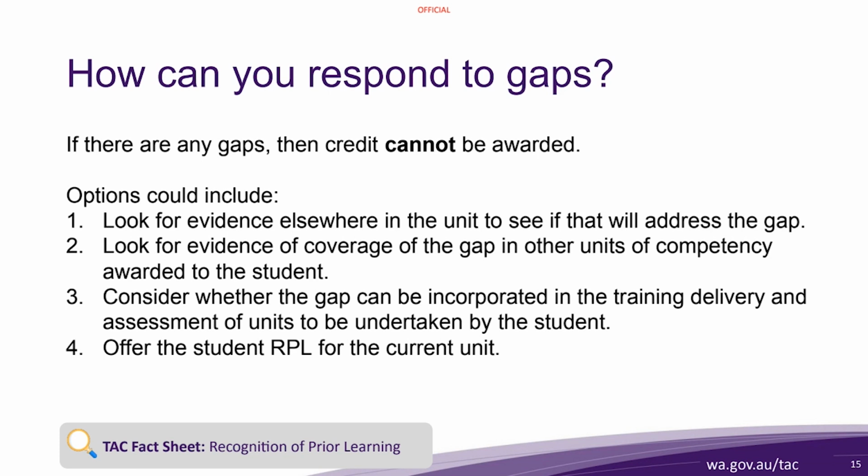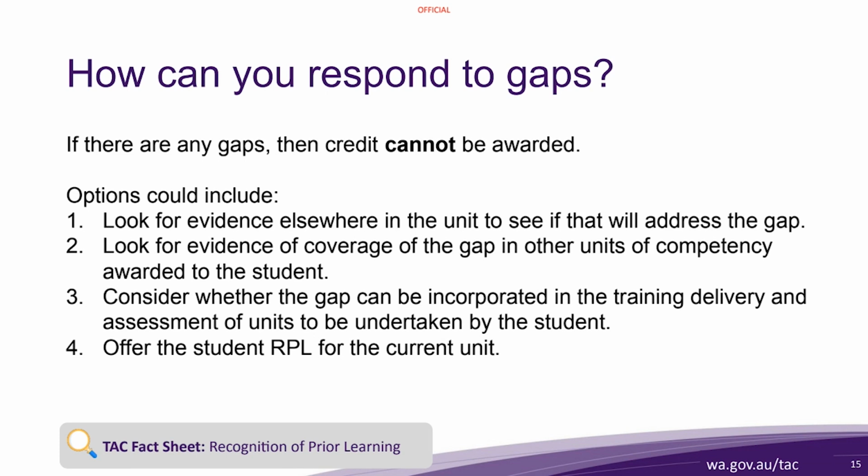We can use the old unit as evidence of most of the aspects of competency, but where there are gaps, we can do some additional assessment so that we can assess whether or not you do have, in this particular case, the expertise in terms of emergency procedures and safe work practices and communication. And if you can demonstrate those qualities, not only will we be giving you credit for the old unit, we'll be awarding you the new unit through an RPL process.